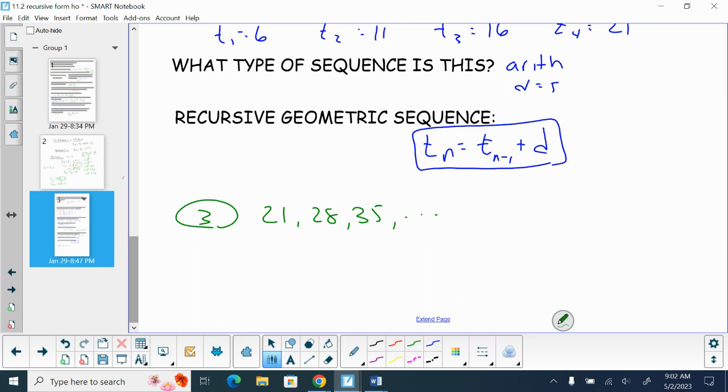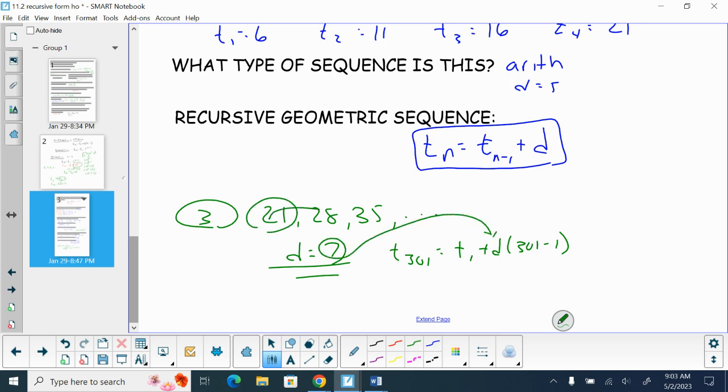Now it's in the form that you have in problem number 1. Now we can find my common difference is a value of 7. I want to find T301, which is equal to T1 plus d times 301 minus 1. I can throw my value of 7 in there, and I know my first term is 21.